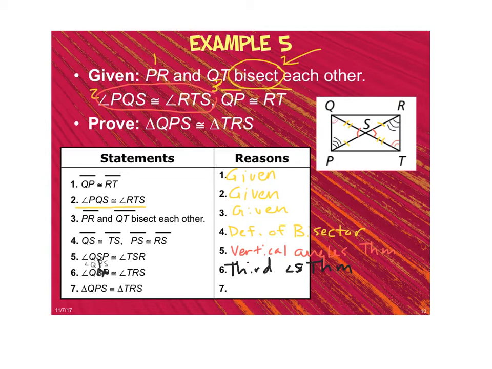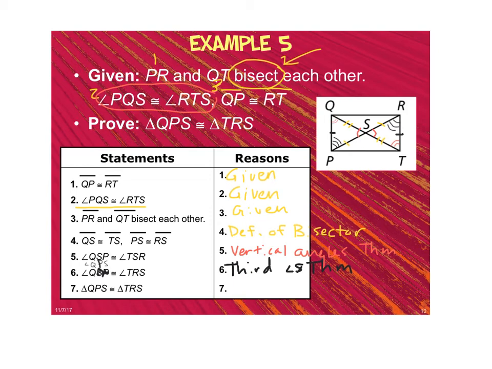And lastly, we have what we're trying to prove, that triangle QPS is congruent to triangle TRS, and that is because of the definition of congruent triangles, because we have 3 angles of the triangle that are congruent, and we have 3 sides of the triangle that are congruent.